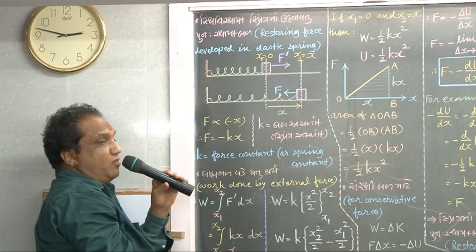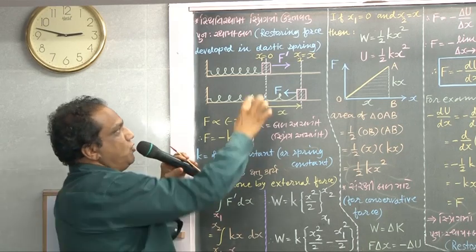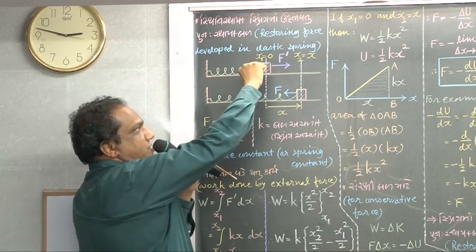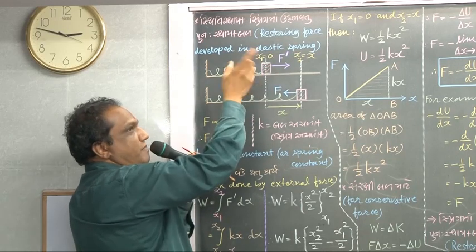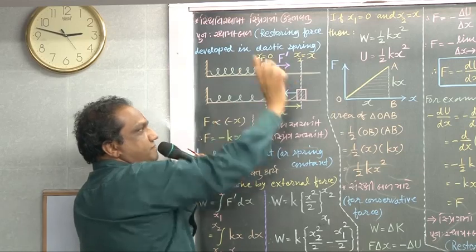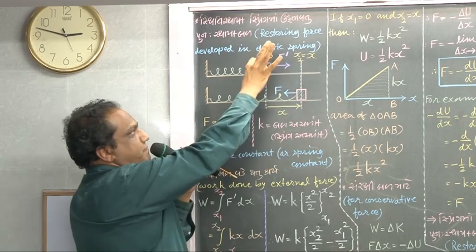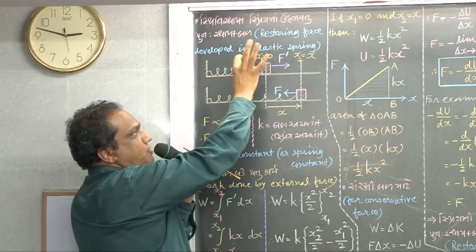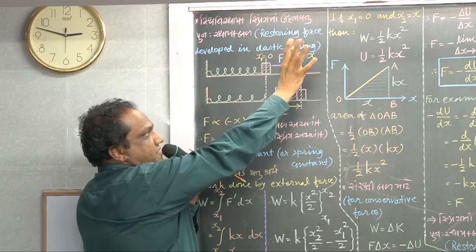Fine. What I am doing now, I just hold the block, I exert some external force towards right hand side, and thereby I pull this whole spring towards right hand side.